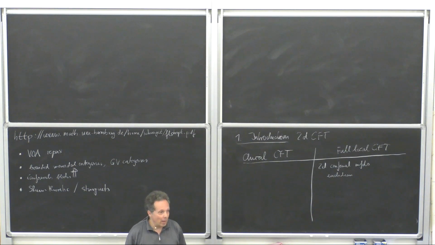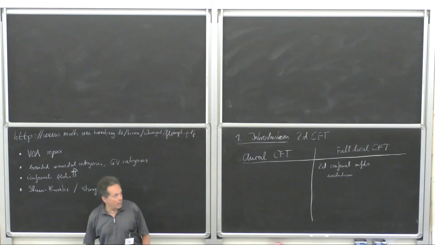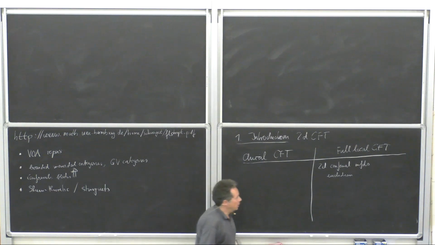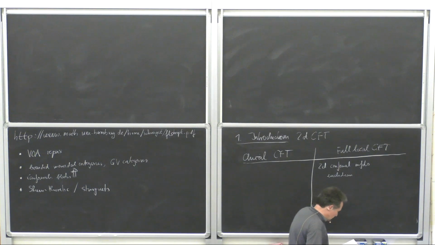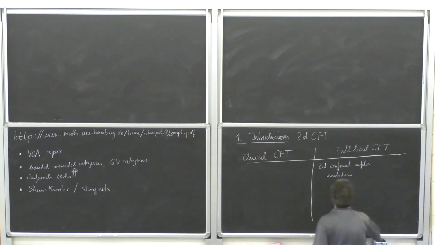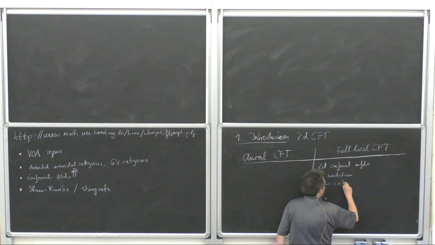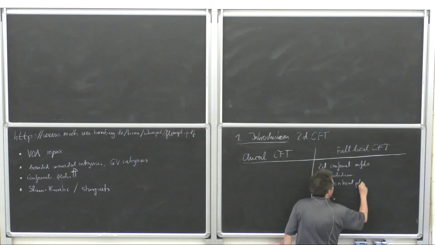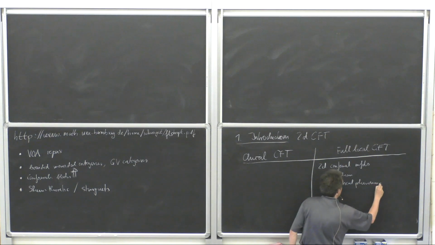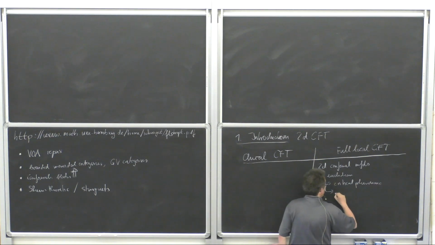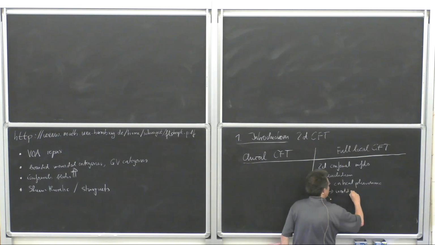At least I haven't understood it in a sufficiently satisfactory way. Why Euclidean signature? Well, there are several reasons for this. This is a theory which arises in the description of critical phenomena. This is the theory which arises as the worldsheet theory of strings.